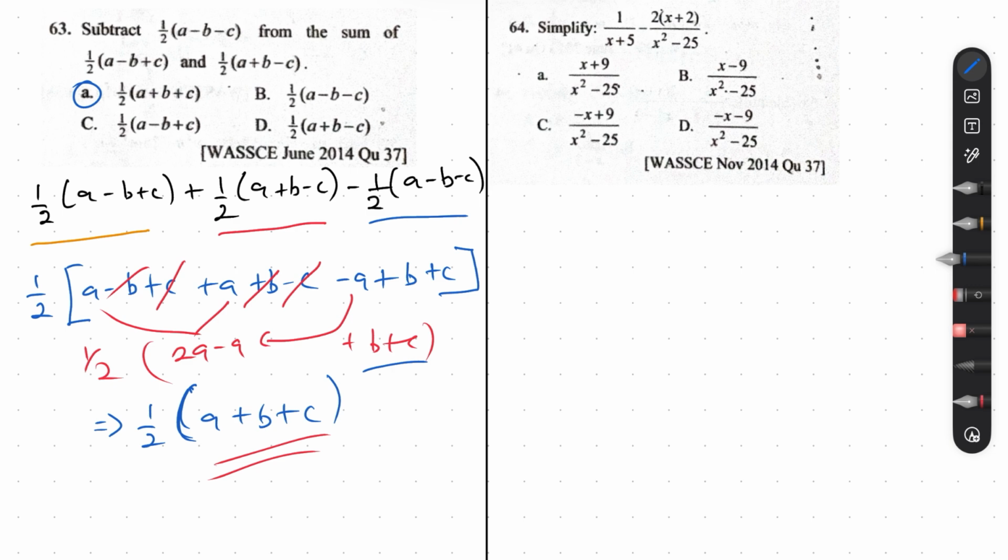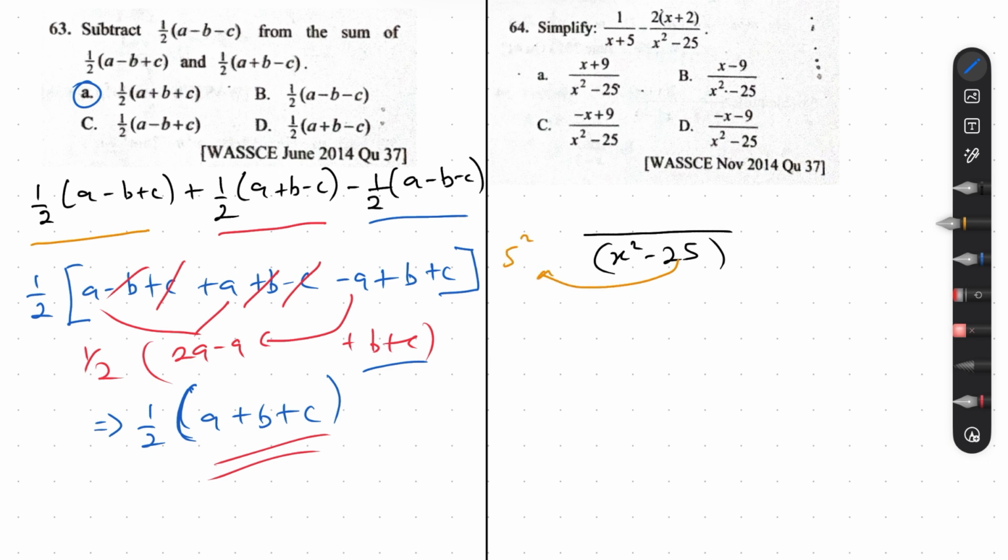All right, let's move on to question number 64. It says simplify this. So as usual, we find the LCM. The LCM is x squared minus 25. But this looks like what? A difference of 2 squares, because this 25 can be written as 5 squared.